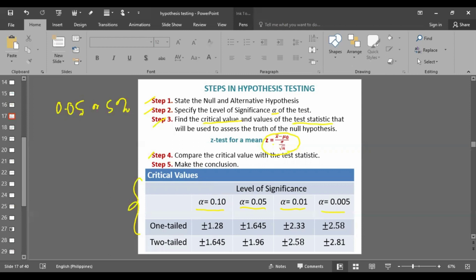Pag umabot yung computed test statistic natin sa critical value or pag nag-fall sa rejection region yung test statistic, it means that we have to reject the null hypothesis in favor of the alternative hypothesis. But if the test statistic falls within the non-rejection region, then we have to accept the null hypothesis. Then step 5 is to make a conclusion.